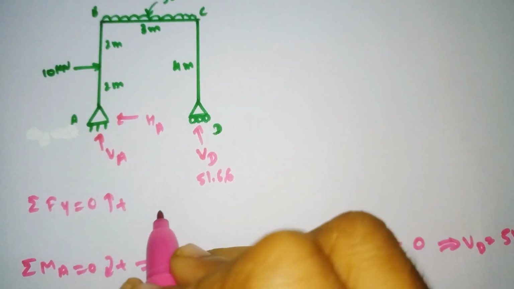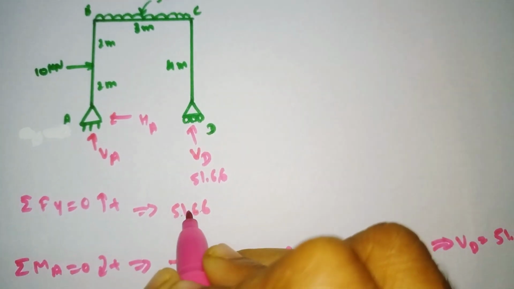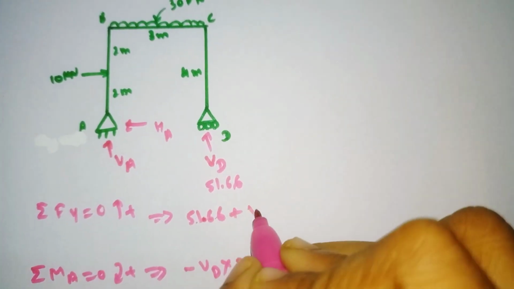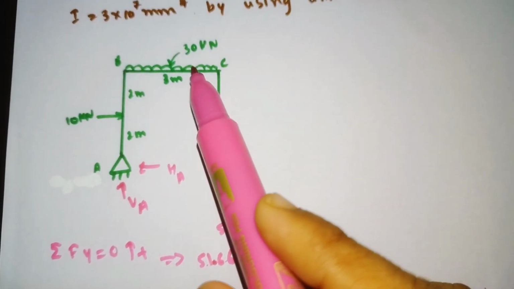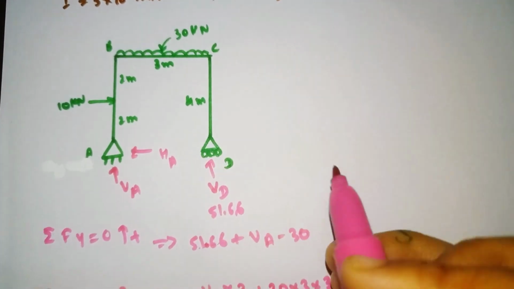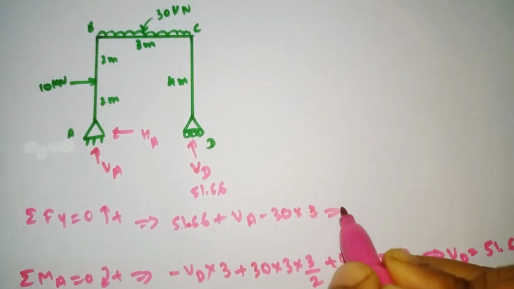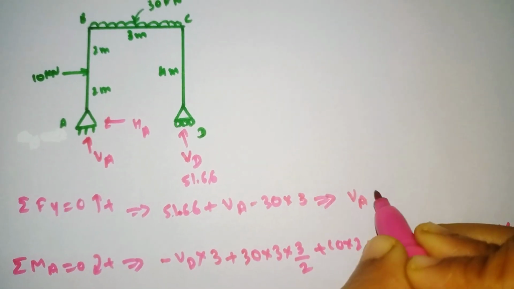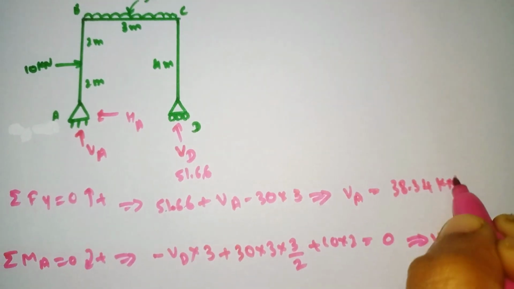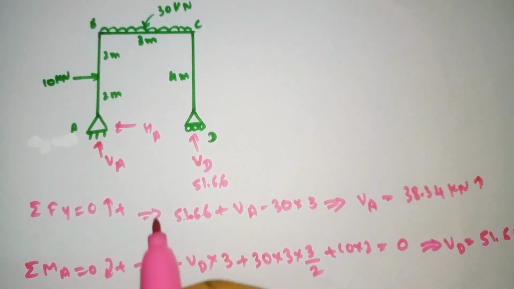Here VD is upward, so 51.66, plus VA, which is also upward, and if you convert the UDL to a point load it acts downward, so minus 30 into 3. Solving it, our VA value comes out as 38.34 kilonewton. It is also upward, so the direction we have taken was correct.